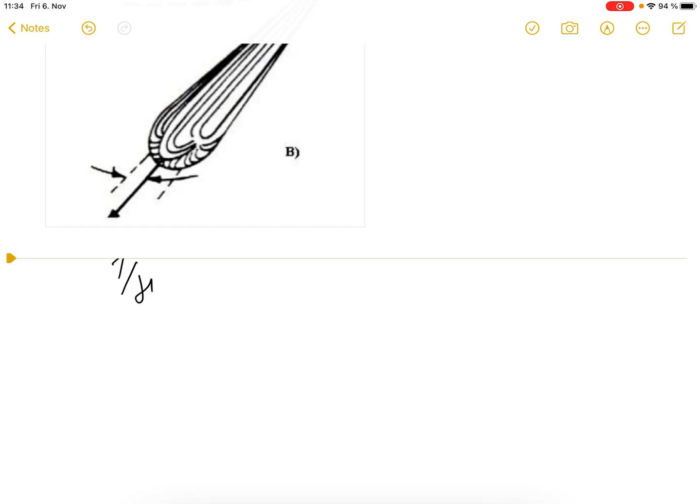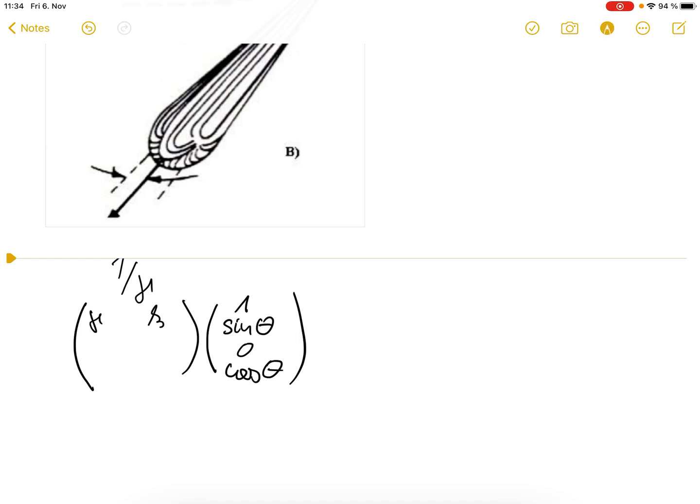Let's write down the Lorentz vector of the direction of a photon in this way, and we multiply this with the Lorentz transformation: gamma, beta gamma, beta gamma, gamma.